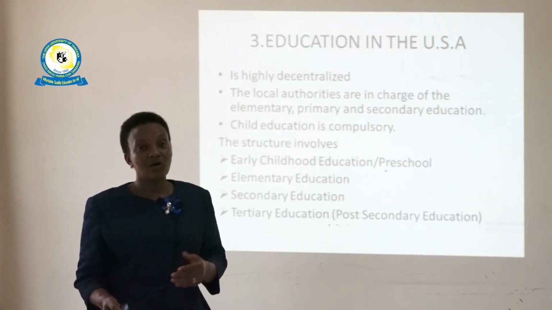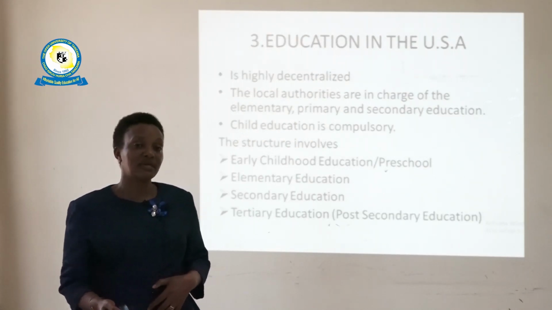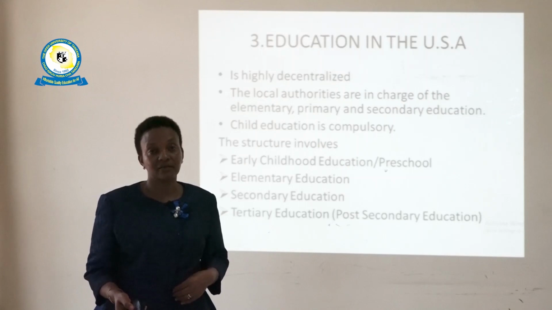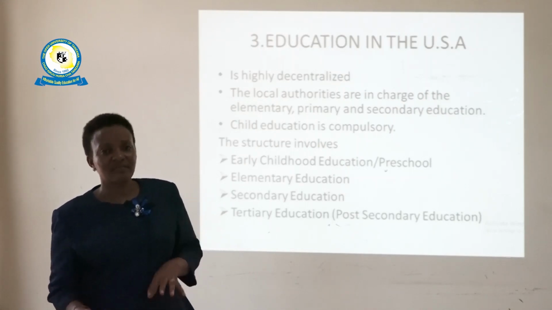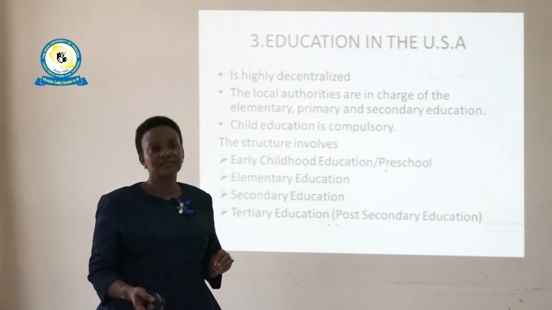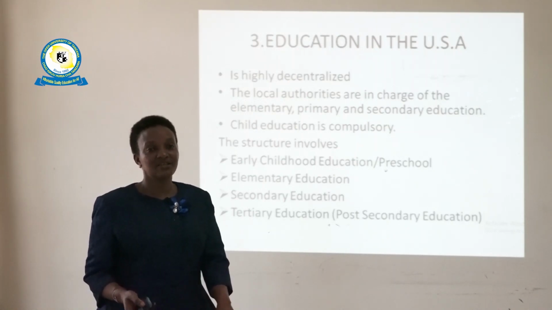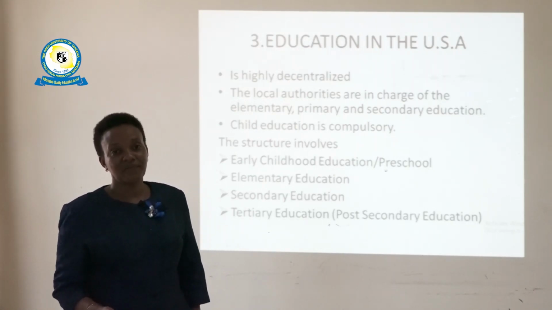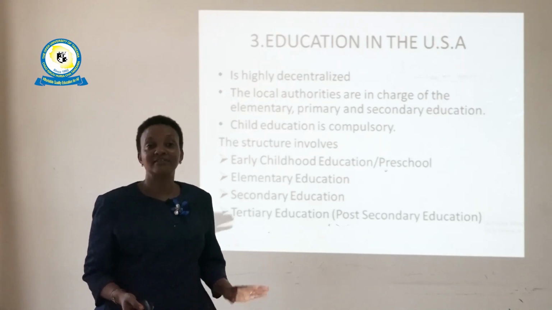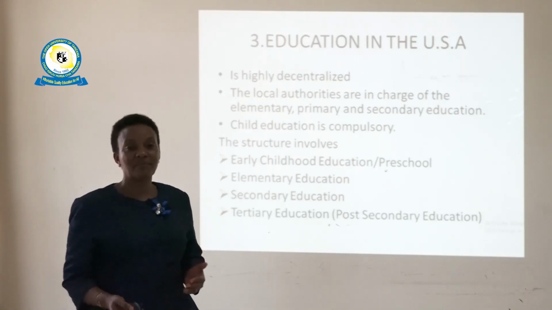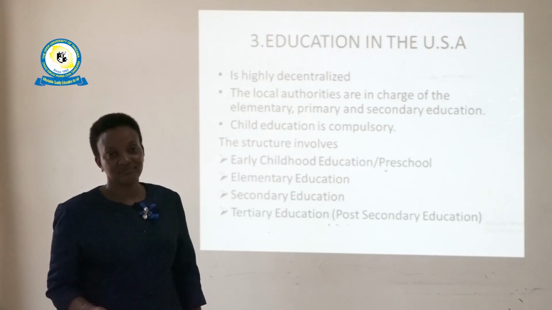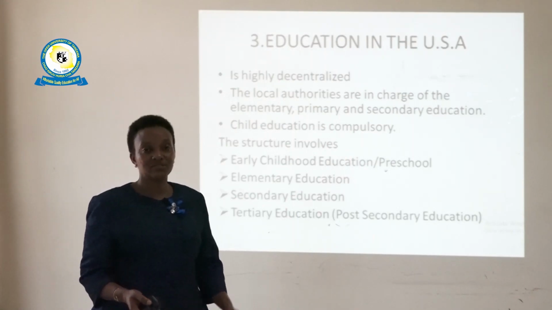And now, what about the education in the United States of America? The most important thing you need to note here is that the education system in the United States is highly decentralized. The local authorities are in charge of the elementary, primary, and secondary education. Child education is compulsory.